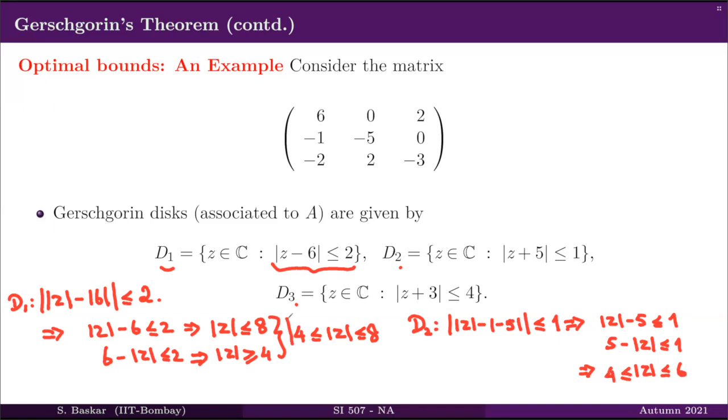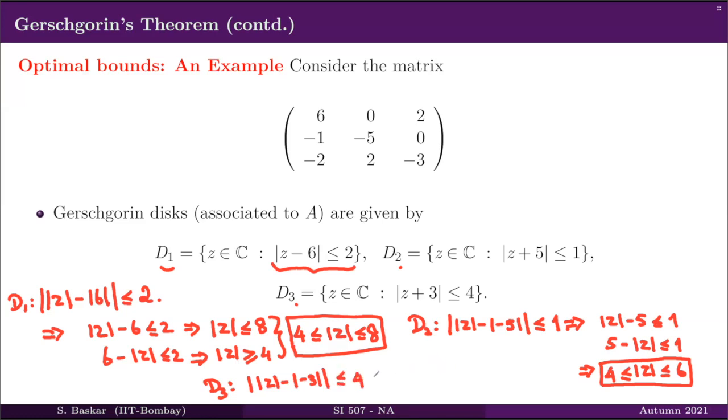So we got one inequality for mod Z from D1, another from D2, and let us see what we get from D3. From D3, we can write mod of mod Z minus mod minus 3, and that is less than or equal to mod Z plus 3 is less than or equal to further 4, right?